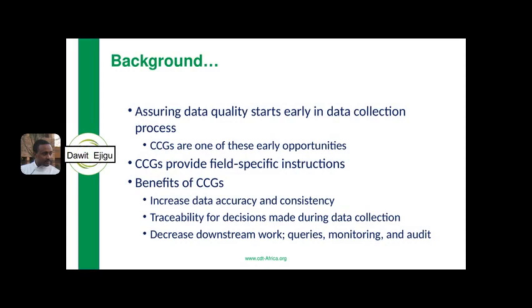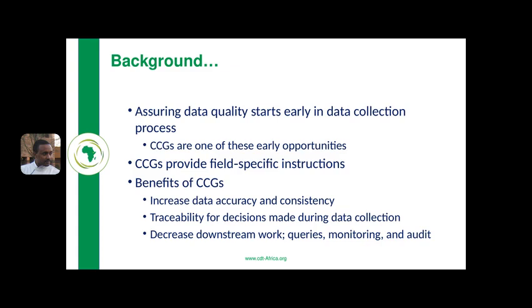Assuring data quality starts early in a data collection process. As we've mentioned previously, the clinical trial data is transcribed for the first time in the source document, and having good source documentation will be very important in ensuring the data quality.